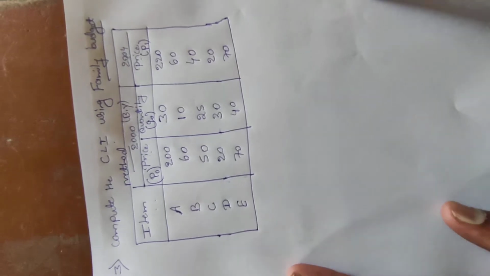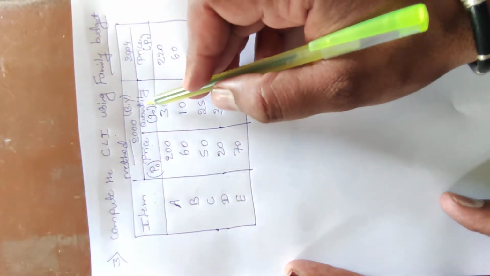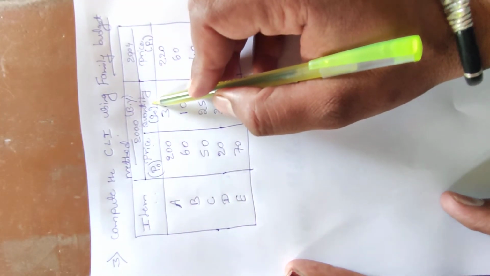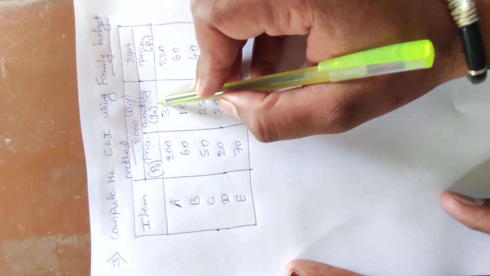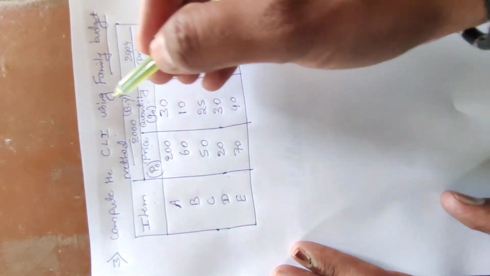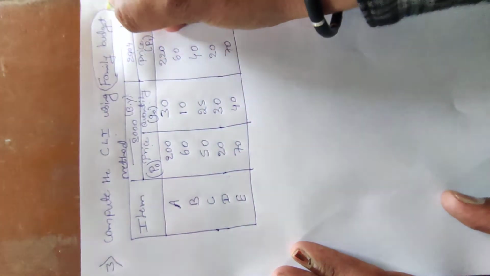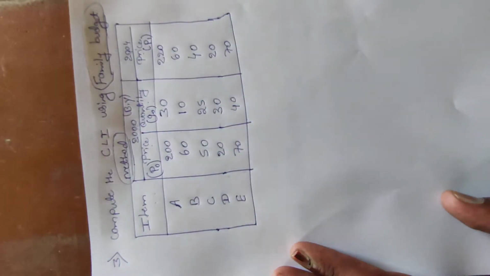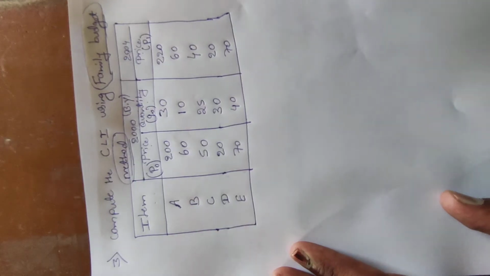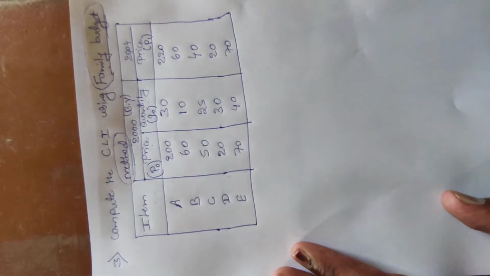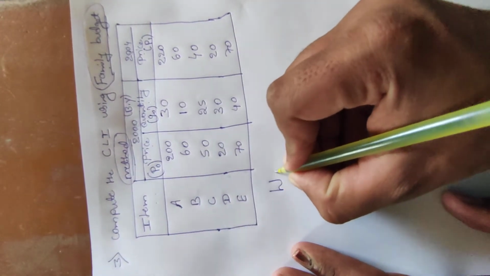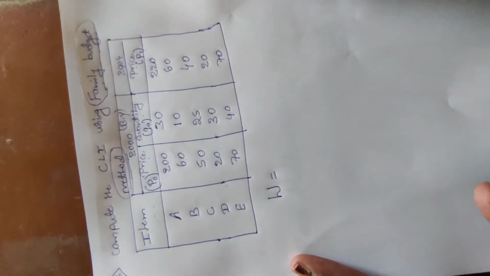Generally, when quantities are given, we should apply the aggregative expenditure method. But in this problem, they have already mentioned we should apply the family budget method. Family budget method means we require information of W, the weightage information.